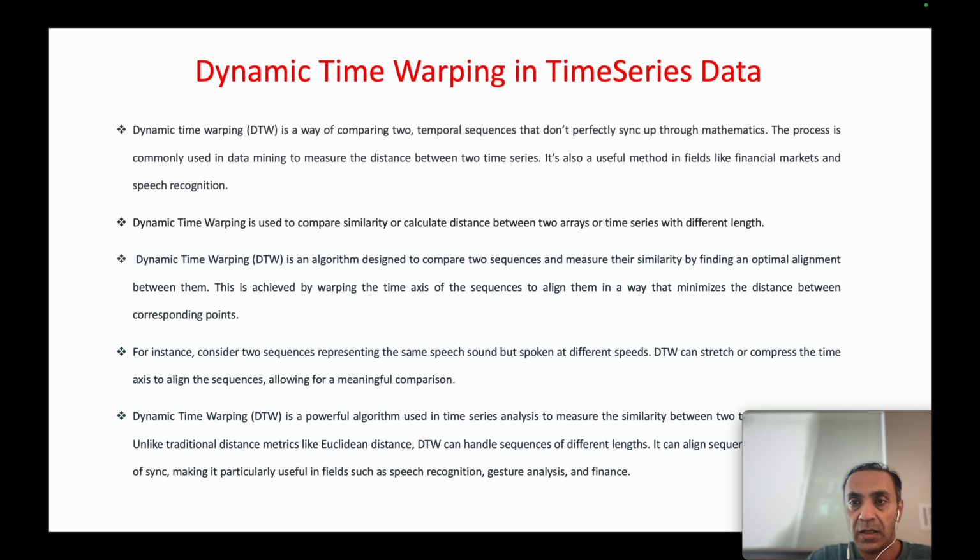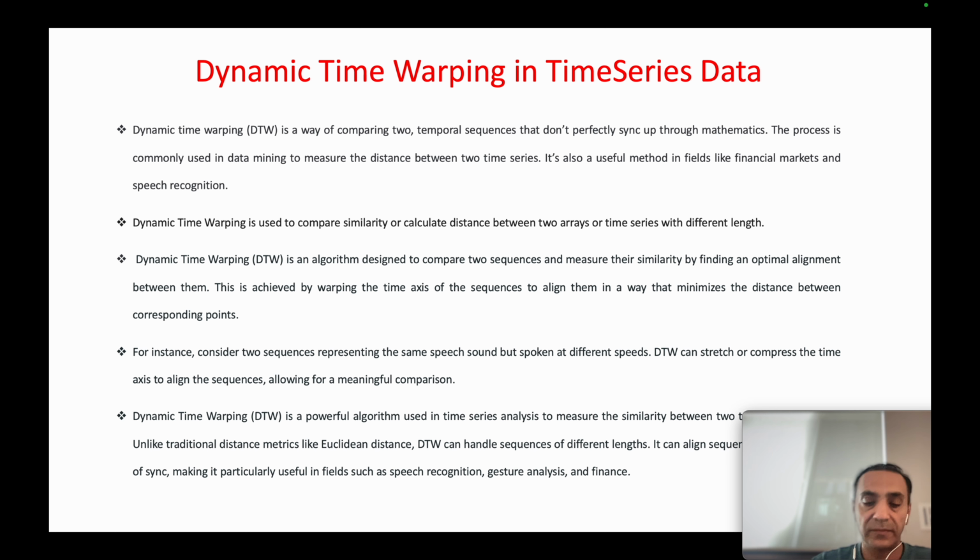The process of DTW is commonly used in data mining to measure the distance between two time series. It is also a useful method in fields like financial markets and speech recognition. For speech recognition, when we have multiple sequences of spoken words and we want to, for example, identify who is speaking, then we can use dynamic time warping.